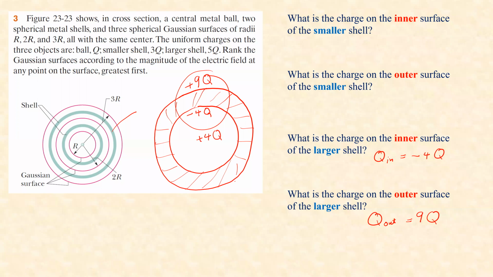So negative 4Q comes on the inner surface and positive 9Q goes on the outer surface, and the total charge of the shell is positive 5Q, which is 9 minus 4.